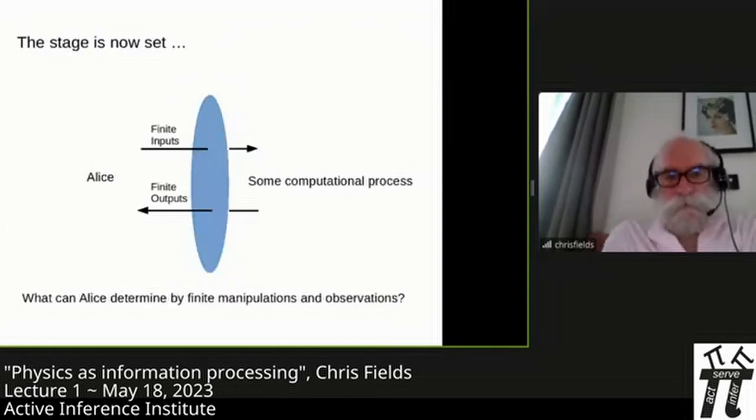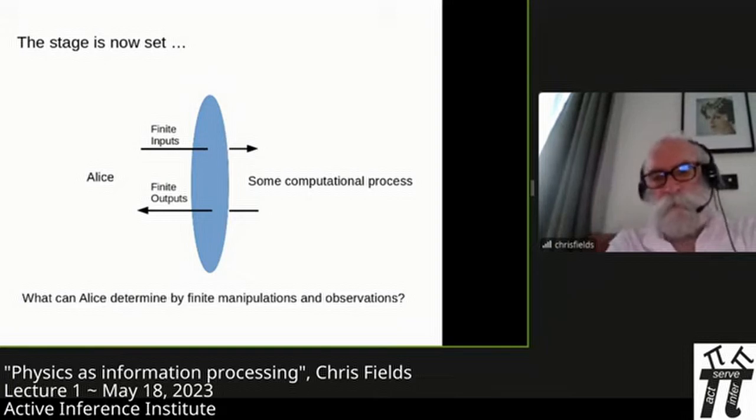But it also set the stage for something new. It set the stage for thinking about an agent who interacts with a computational process by giving it an input and then looking at its output sometime later. And this, of course, will look familiar because I've included the blue ellipse, which is the boundary, which these days we call a user interface.